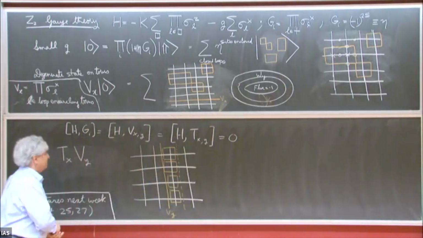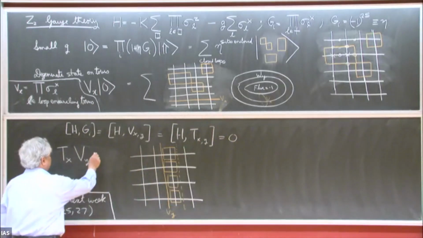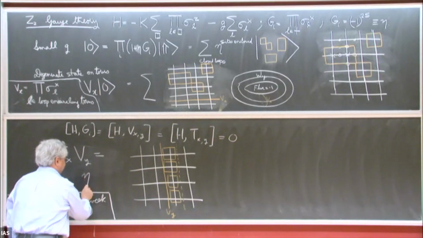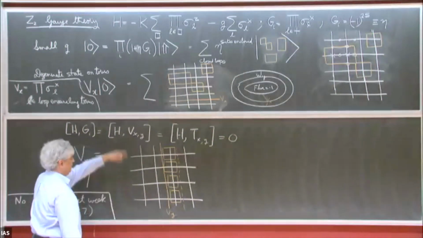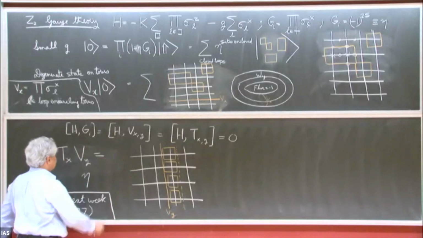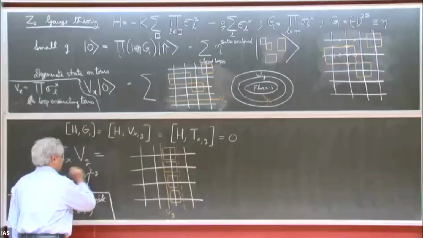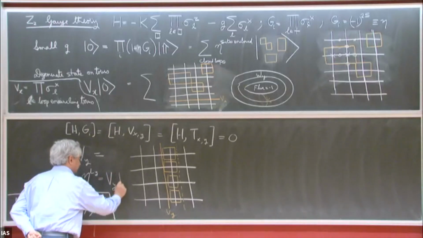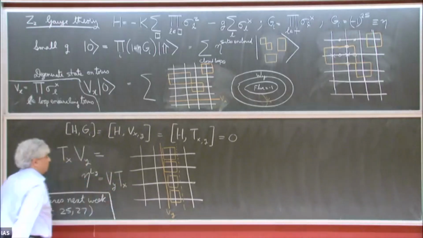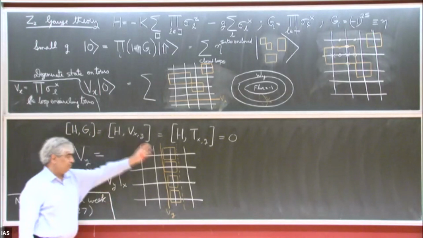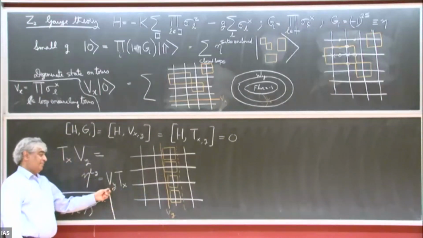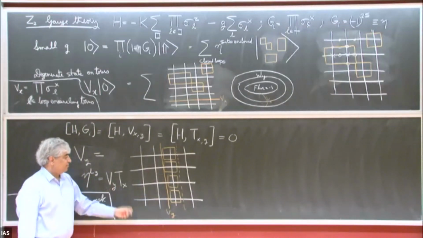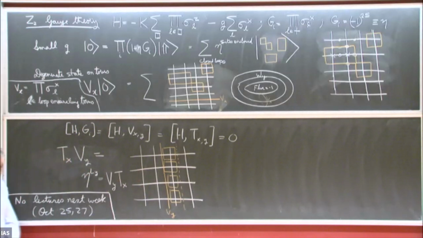So from this, you can then conclude that this is equal to eta to the power of how many directions you have in this direction, which is Ly, times Vy times Tx. So in this case, you translate the state without the Vy and then hit Vy, which is equivalent to what we just did.